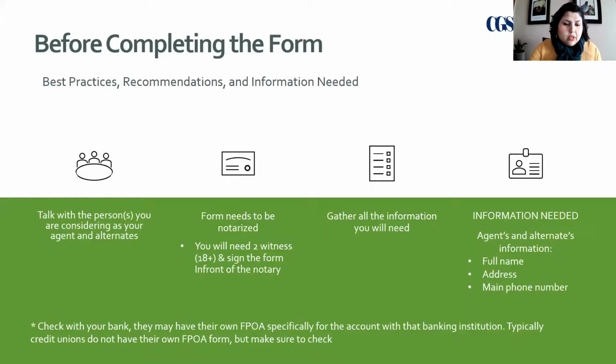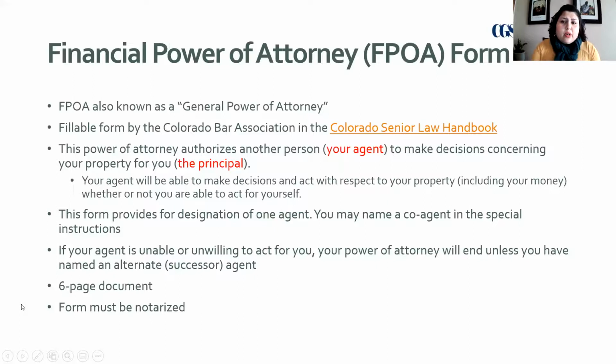All right, so let's go ahead and continue to move forward. So, the financial power of attorney is also known as the general power of attorney. So, you will see that throughout the form in some areas. The form that we're completing today is a fillable form provided by the Colorado Bar Association, and it could be found in the Colorado Senior Law Handbook.